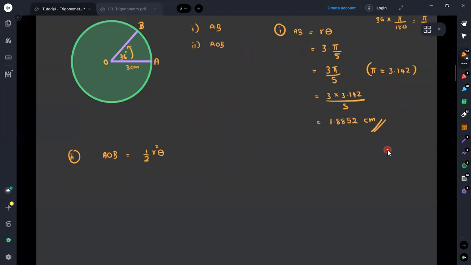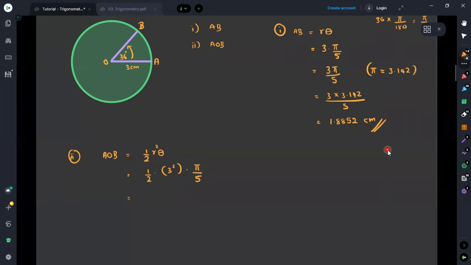Theta has to be kept in radian measures again. Then we use half times r squared, where 3 squared is used, and theta has to be kept in radian measure, which is pi divided by 5.